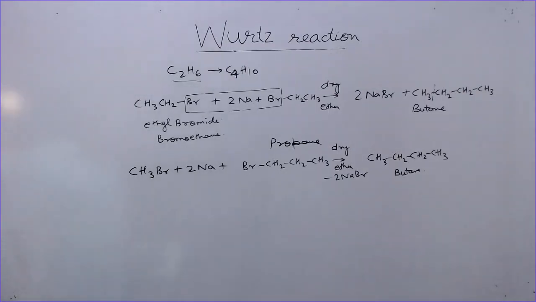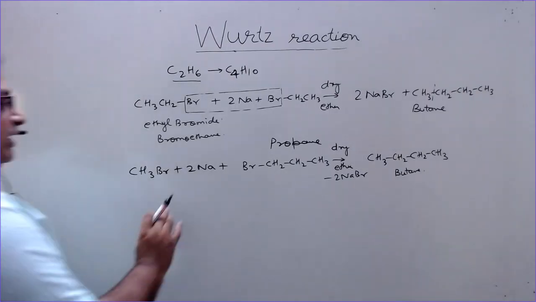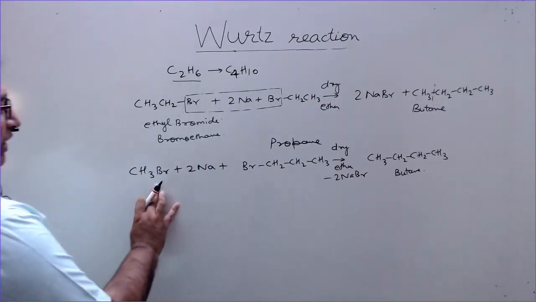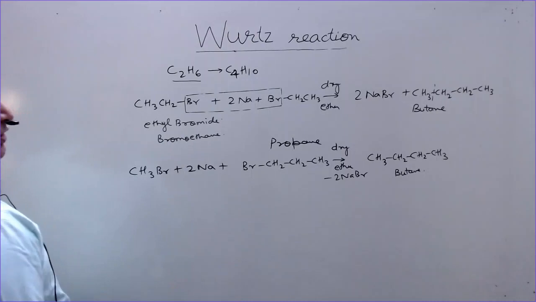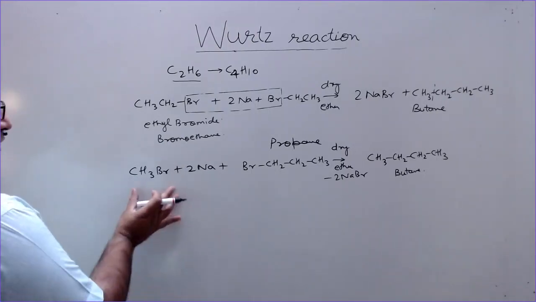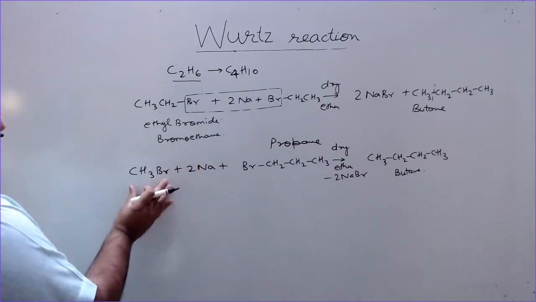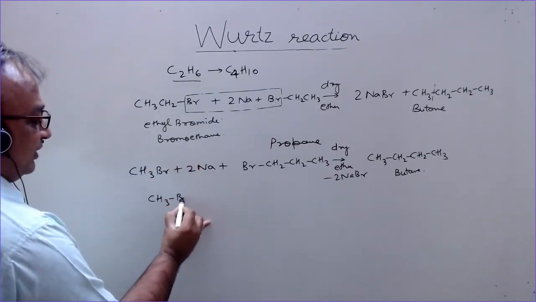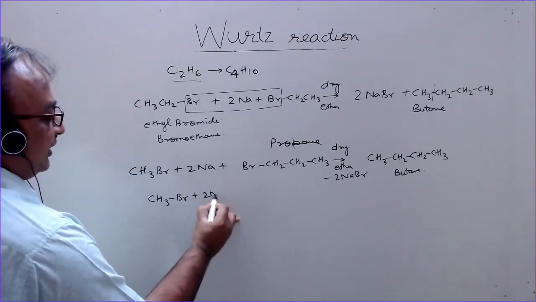The reason is that we are taking a mixture of 2 compounds. This is methyl bromide and this is bromoethane. Now what happens? The molecules of methyl bromide which are present will react with themselves, and there will be 3 types of reactions.